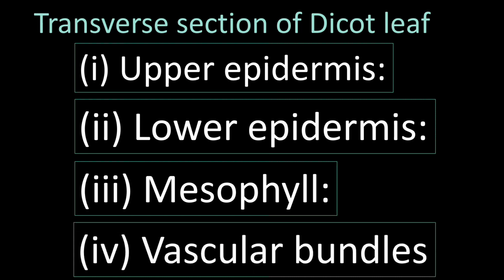These are the broad divisions of the internal structure of dicot leaf. Let us learn the headings one by one in detail.